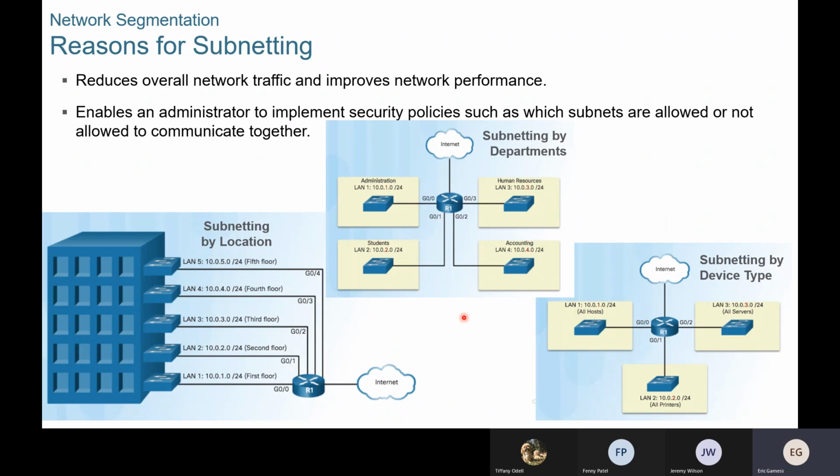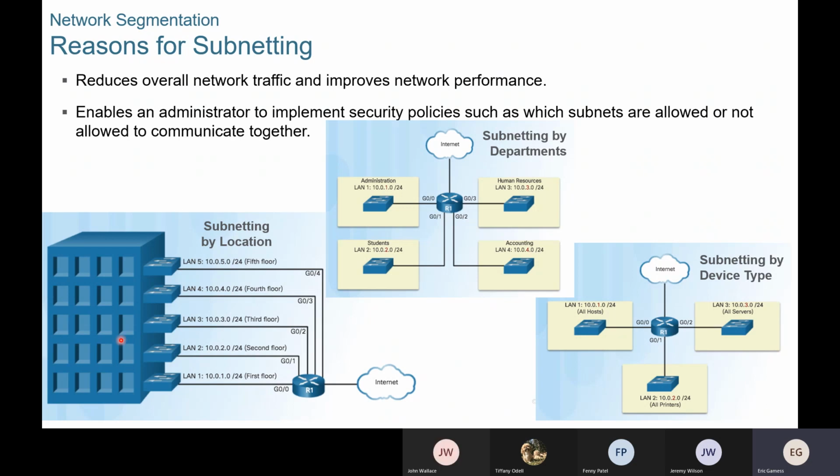There are different ways to create subnetworks. The first way is with the geographical location. Let's say that your company has a building of several floors. You can decide, for example, that all the people on the first floor will be in one local area network, and all the people on the second floor will be in a different local area network.